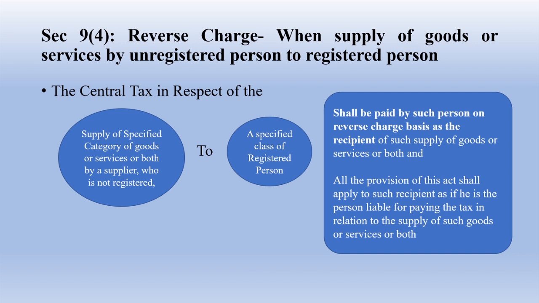So that means if you, as a registered person, are taking any notified goods or services or both from an unregistered person, then such a registered recipient has to pay tax on the RCM basis.